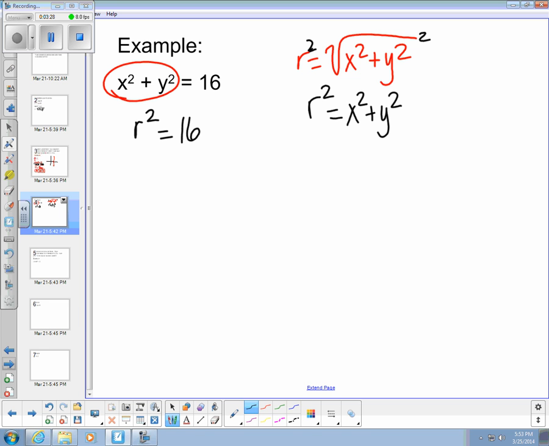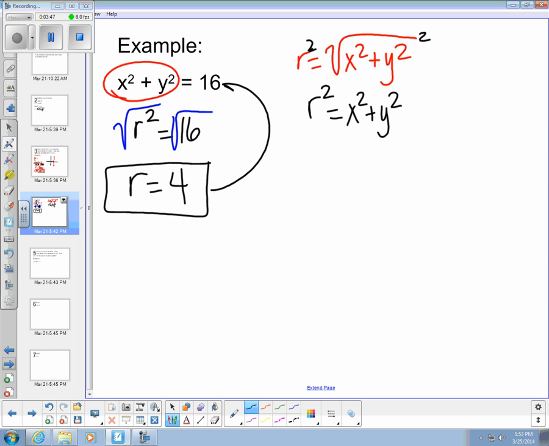So if r squared equals 16, again, we want the r by itself. So now we're going to square root, and we're going to end up with r equals 4. And that is our equation in polar form. Now, these two equations would graph the same if we were graphing them, depending on the grid. Okay, x squared plus y squared equals 16.